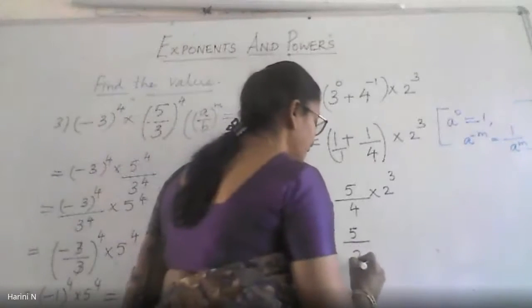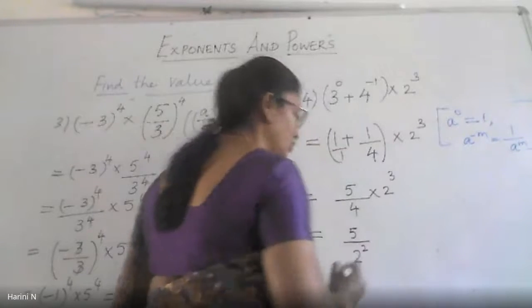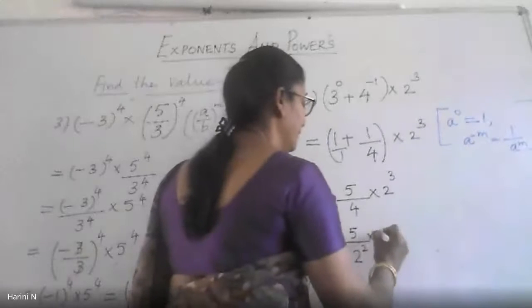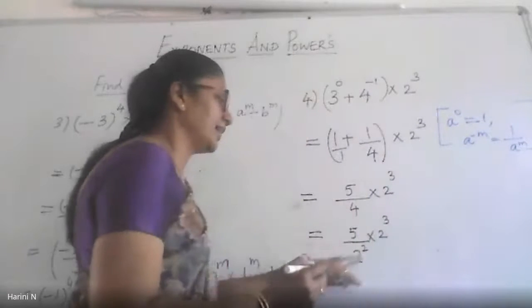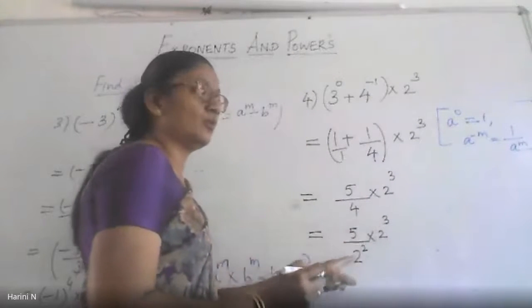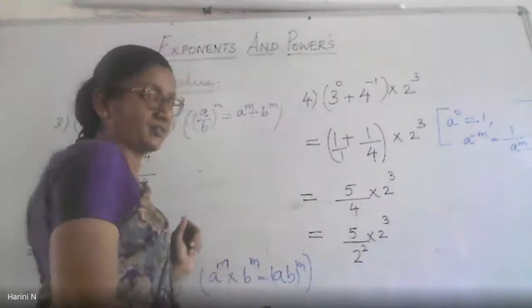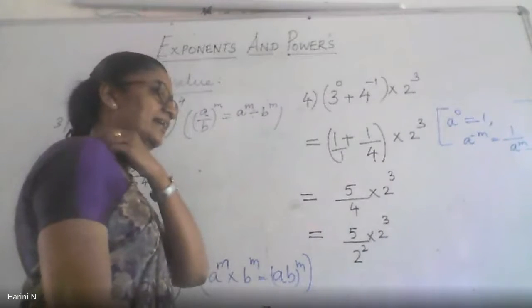So, in the place of 4, can I write 2 square? Multiplied by 2 cube. Now, see, again I am getting 2 numbers having the same base but different powers. So, how will I handle this?